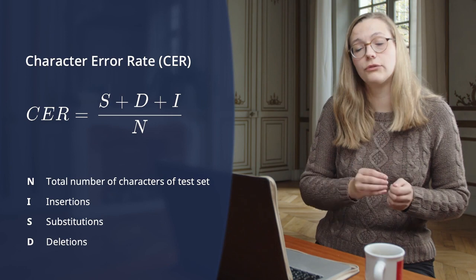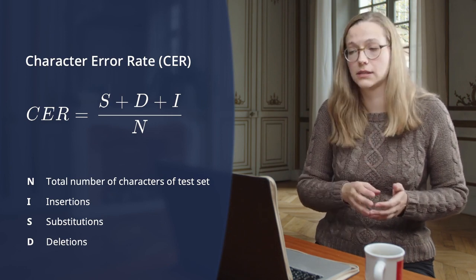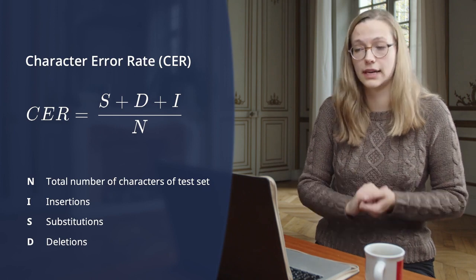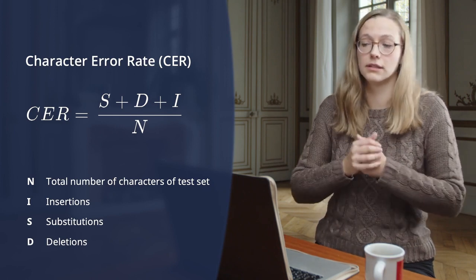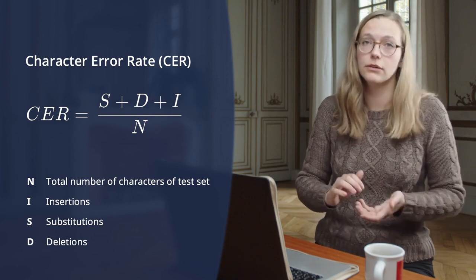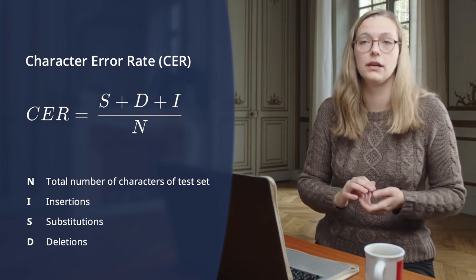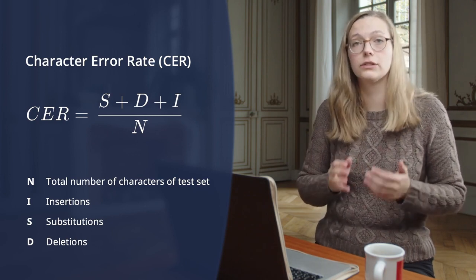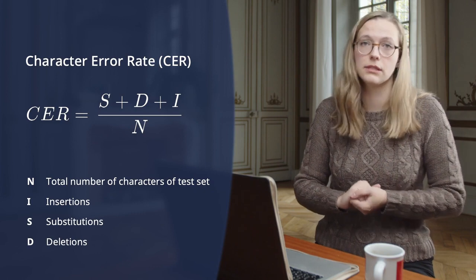This means that every missing comma, additional space, or even an uppercase letter instead of a lowercase letter is included in the CER as an error. This ratio constitutes the accuracy percentage of the model on the test set. If I have a CER around 0.2, my accuracy is 80%.